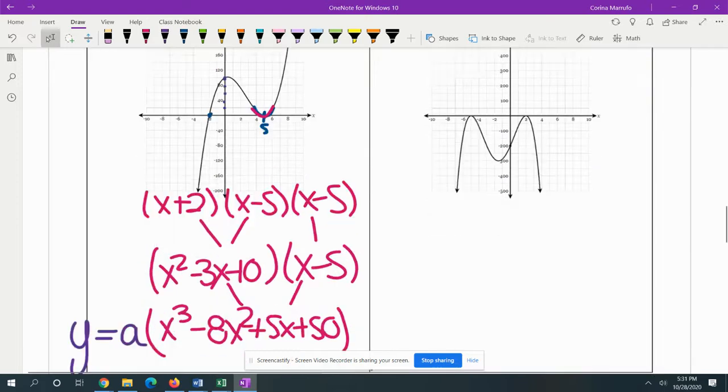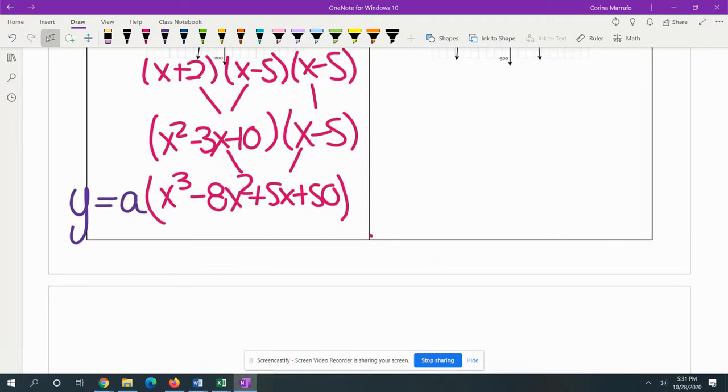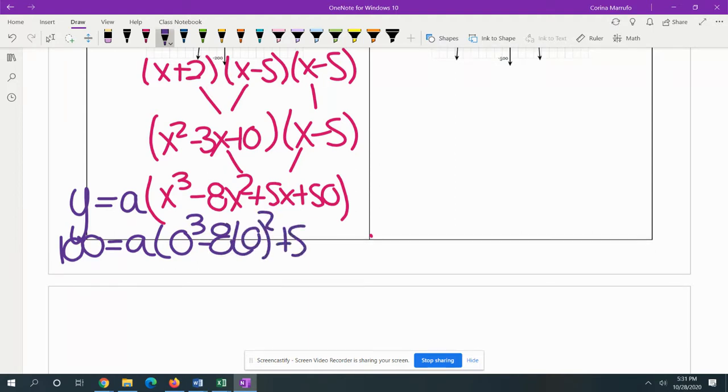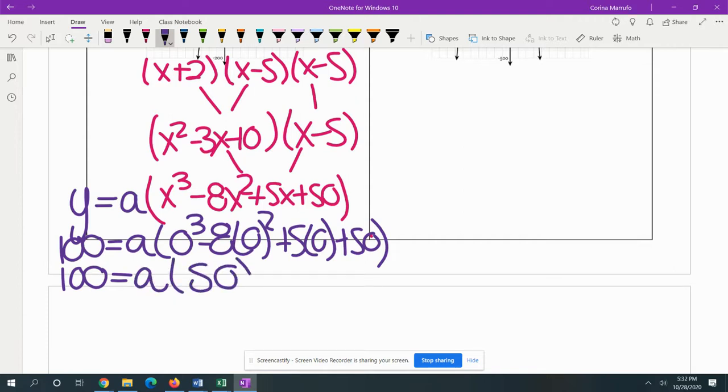So it's 100. Okay, so our y value is 100 there, and our x value is 0. Minus 8 times 0 squared plus 5 times 0 plus 50. Okay, put all this part in my calculator exactly the way I see it, and it gives me 50.